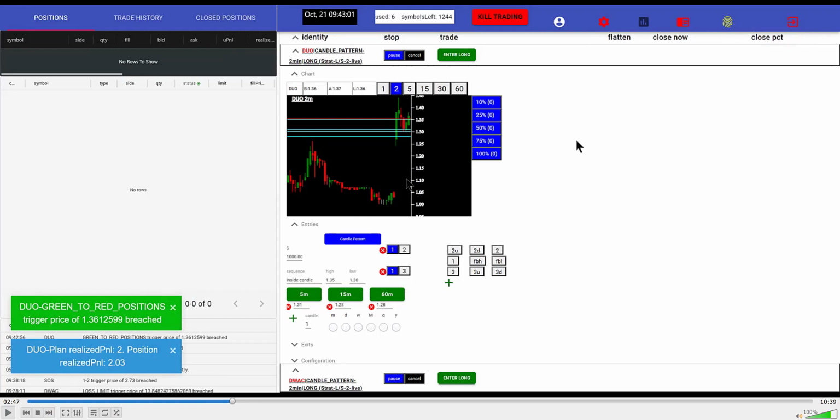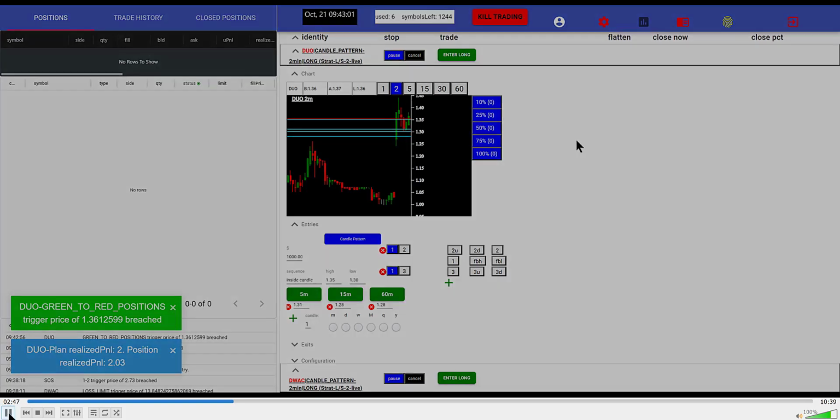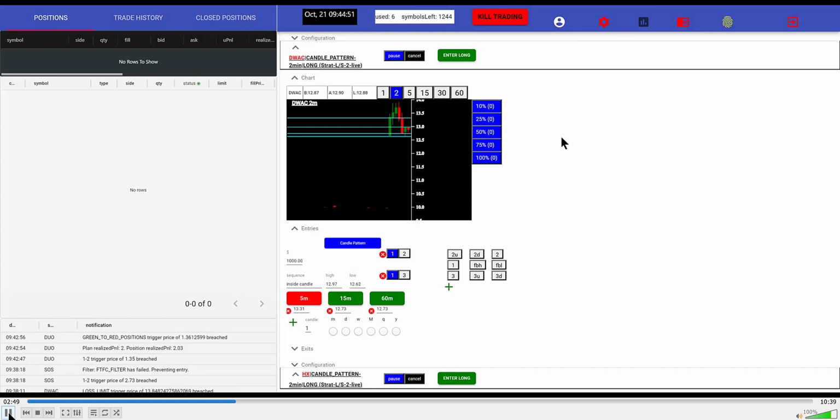The green to red positions got us out. You can see the little tail, the wick on that candle. So it went up, got to a certain trigger point of that 0.5%, and then it reversed hard. And so it got us out, made a $2.03 profit, and protected us from turning that gain into a loss.